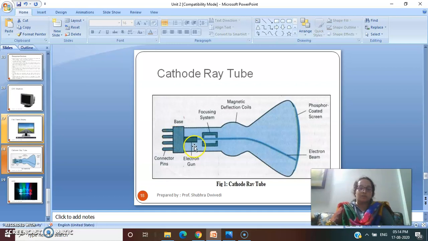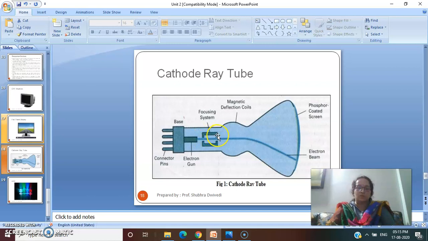Positive and positive repel each other, negative and negative repel each other, and positive and negative attract each other. So the electrons and the power supply that you give from here will attract each other and move forward. Now here there is a focusing system. What will this focusing system do?